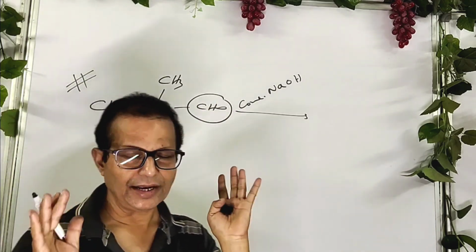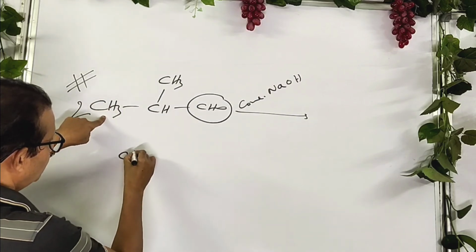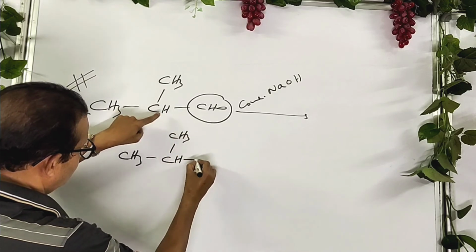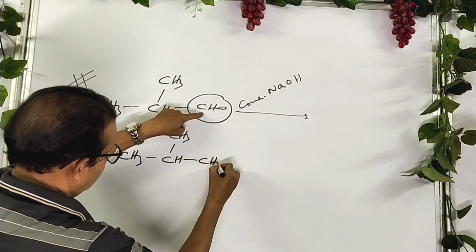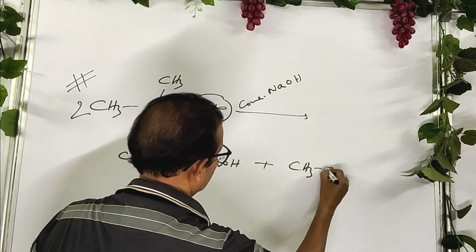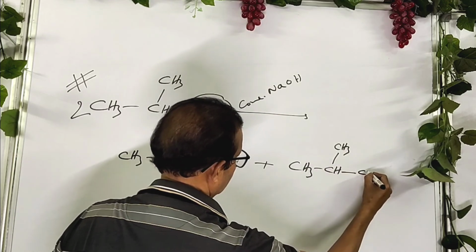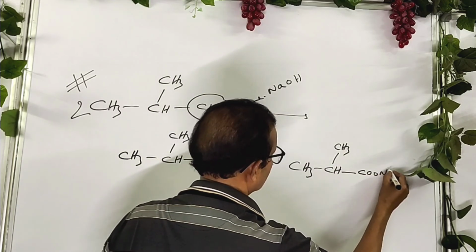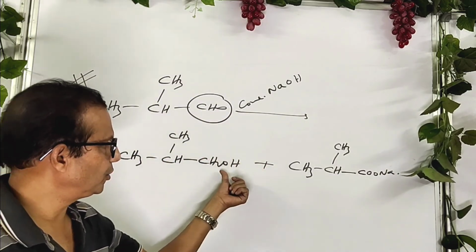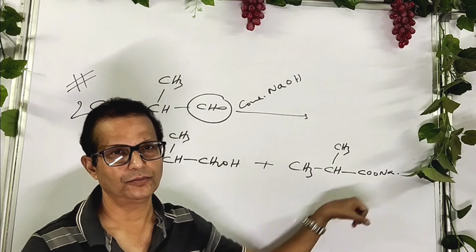So you know that during Cannizzaro reaction 2 molecules are used. So you get one primary alcoholic group, one salt of carboxylic acid group.